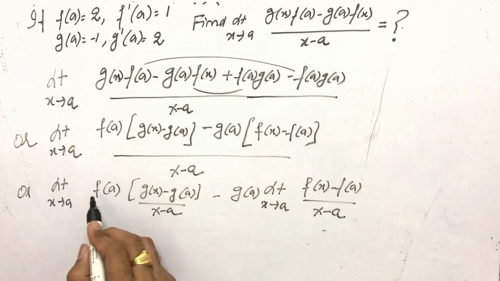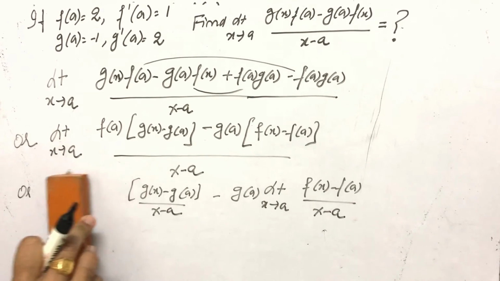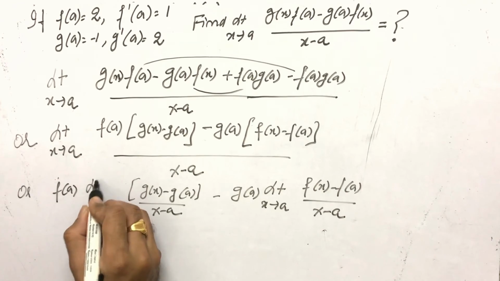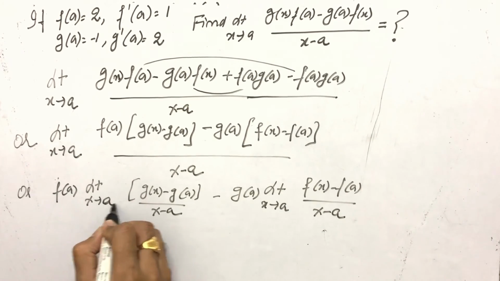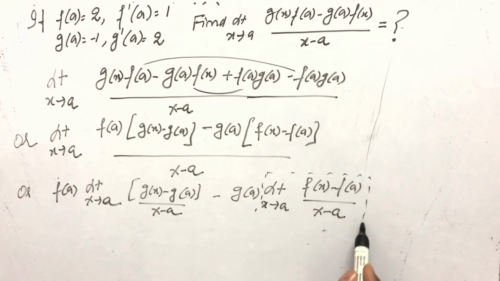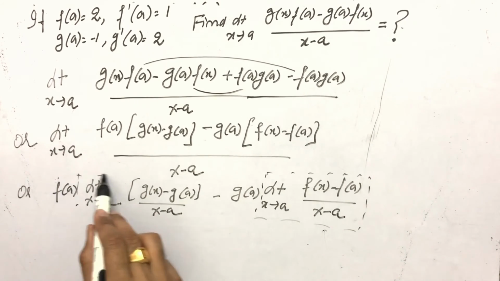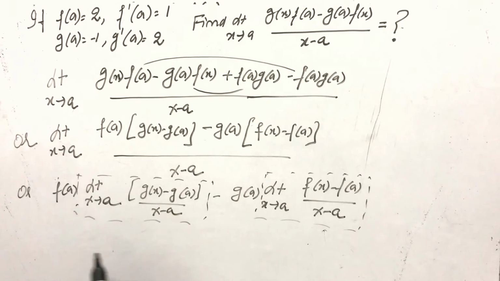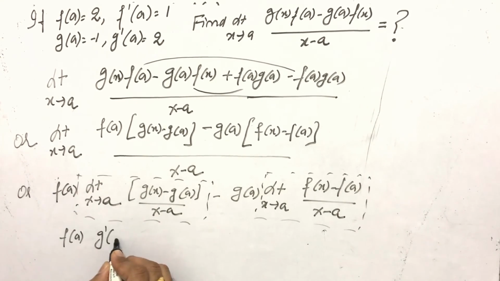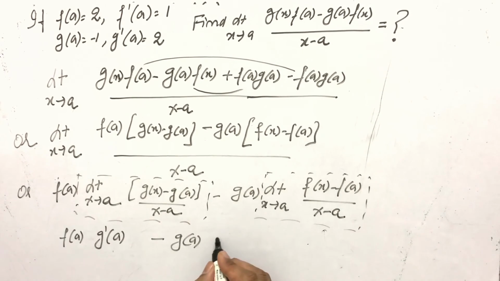Similarly, this f(a) can also be written outside. So here we are getting another form of derivative. What is this? This is actually f(a) times g'(a), the derivative of g at a, minus g(a) times f'(a), the derivative of f at a.